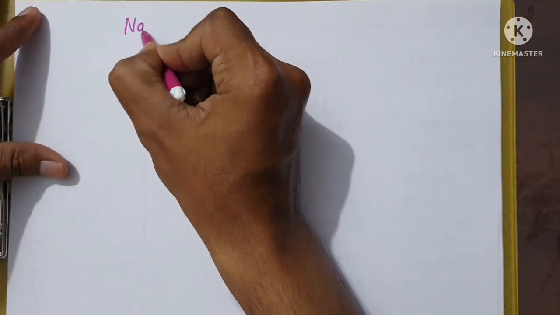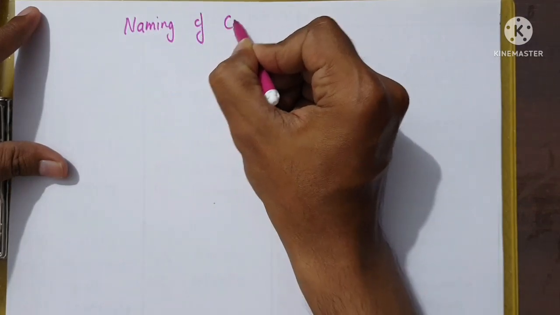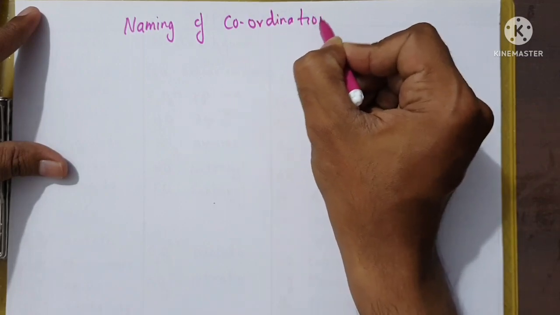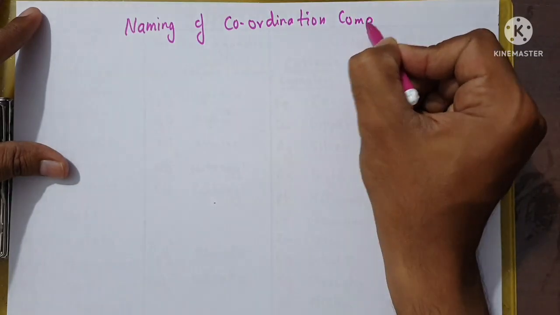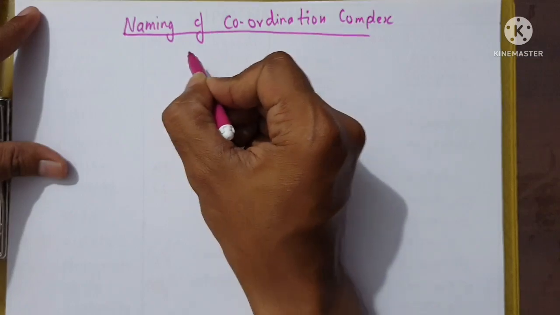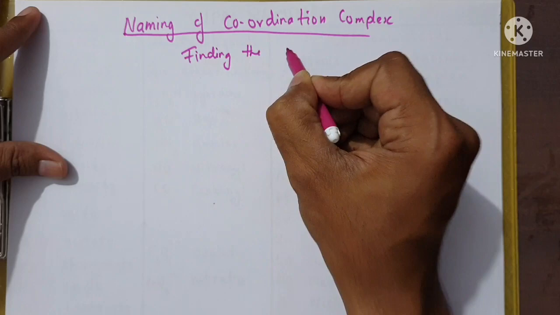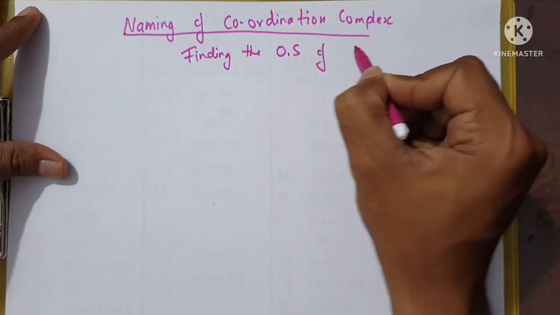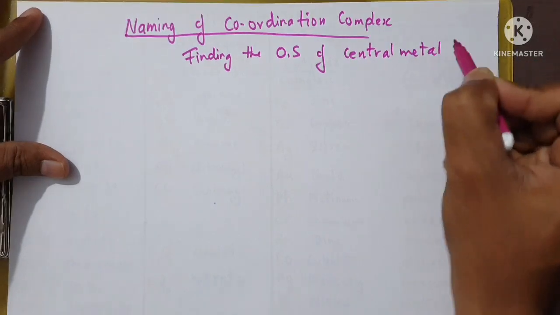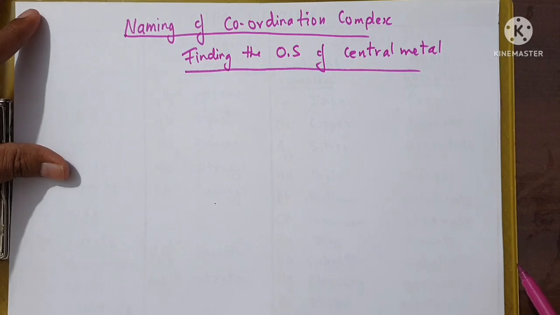First one, that is naming of coordination complex, and it is also followed by finding the oxidation state of the central metal. So let us start now.